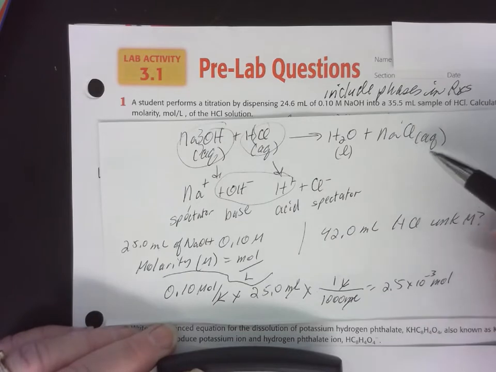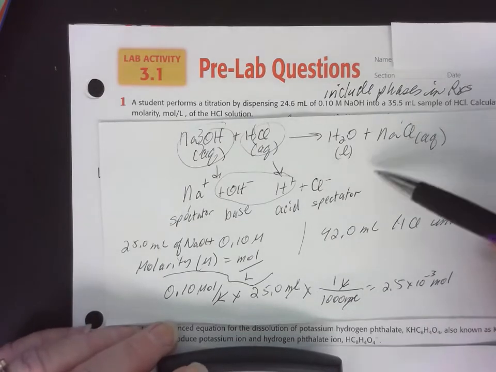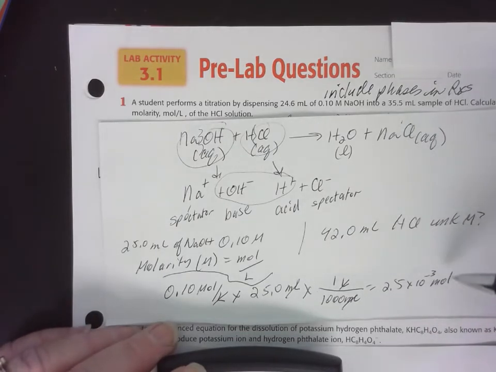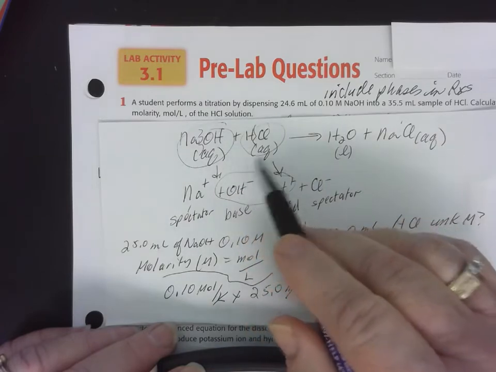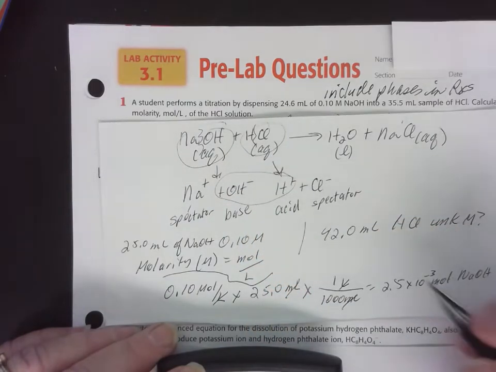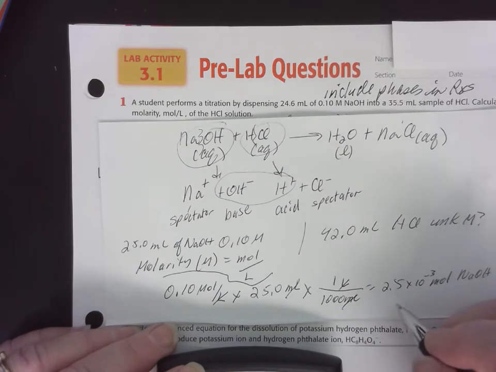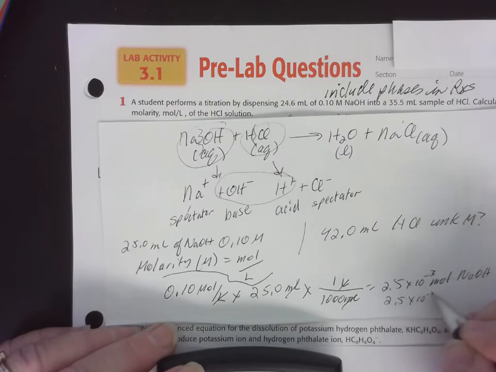So the question would be assuming that's how many moles of HCl we have. That's the amount of moles of NaOH, and because it's a one-to-one chemical reaction, we know that's how many moles of HCl we have, unless we were told otherwise, and we weren't. So that's also 2.5 times 10 to the negative 3 moles of HCl.